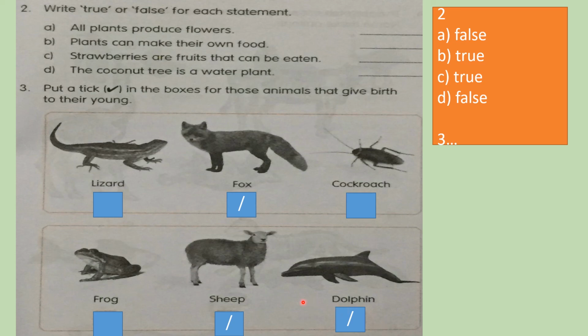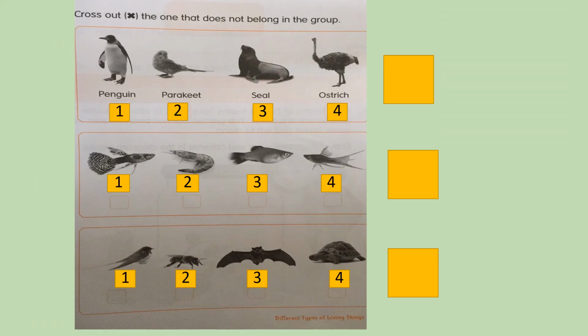Okay, next is students, as we can see the pictures. Okay, we have this on page workbook on page 77. Okay, it is said here, cross out the one that does not belong to the group.